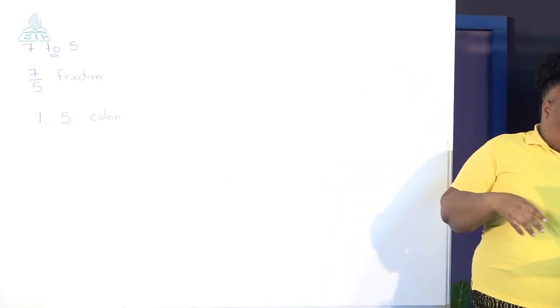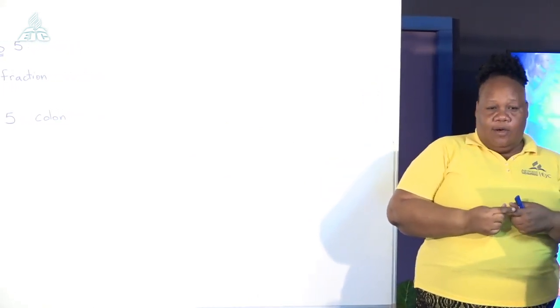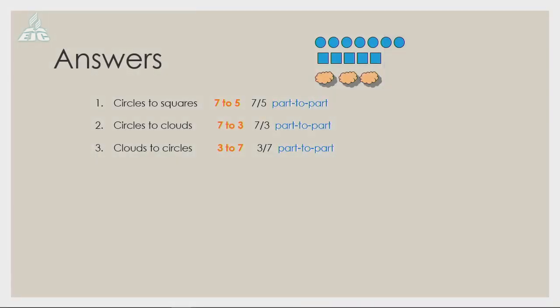Number 3, clouds to circles. Okay, 3 to 7. Becoming easier now? I hope so. Number 4, circles to all figures. All figures is composed of how many? 15.